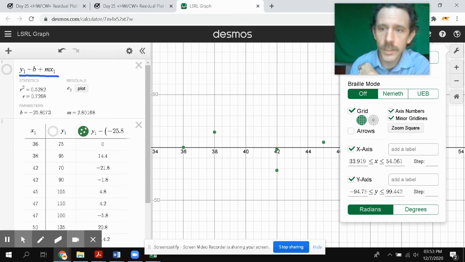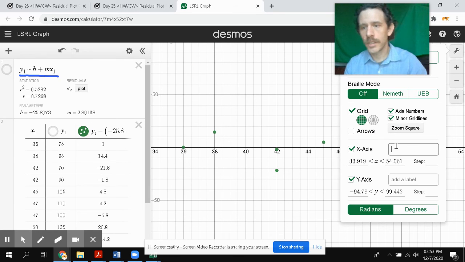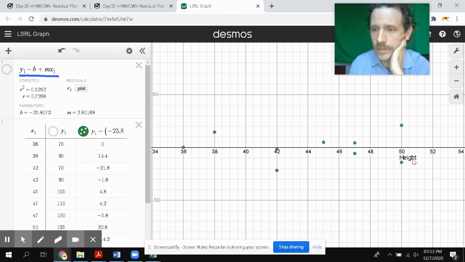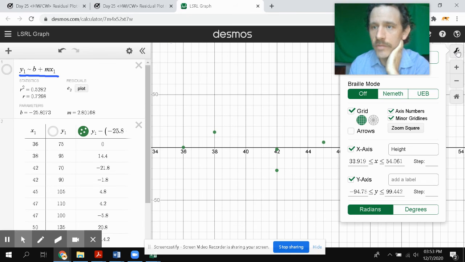Okay, so let's plug that in. X-axis is height. And it pops up there. I can hit the space bar to move it over so it's closer to the points. You can see it's right there. All right, the y-axis is not the y value anymore because that would be y1, that would be the scatter plot.